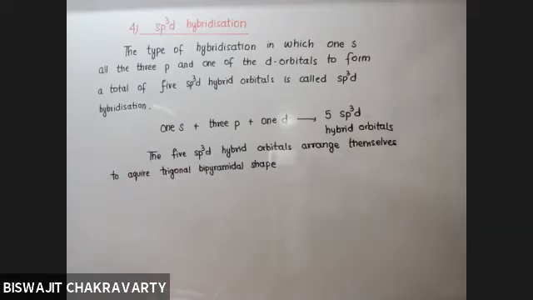We have already discussed in VSEPR theory that if there are 5 bond pairs, the best acquired shape is trigonal bipyramidal.